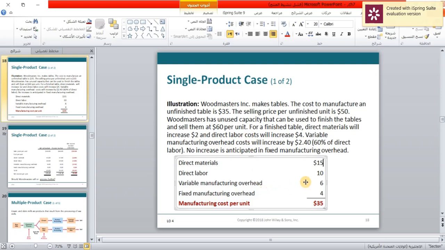Direct labor will increase $4. Variable manufacturing overhead will increase $2.40, but the fixed manufacturing overhead will remain the same.